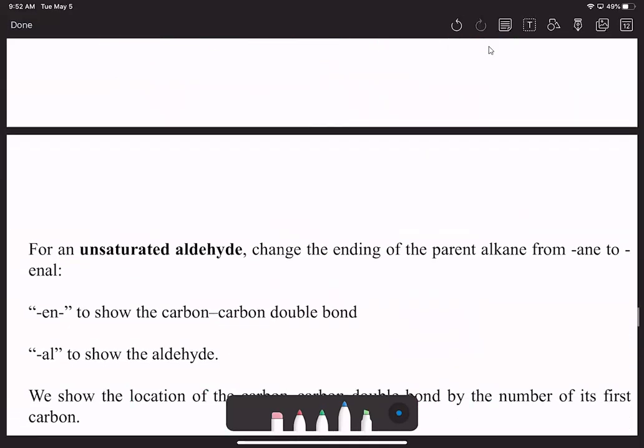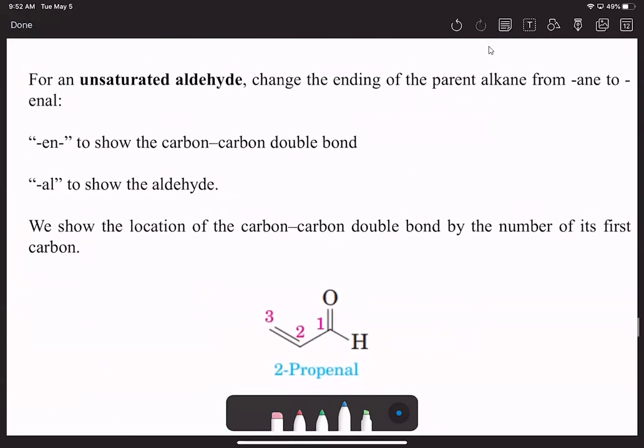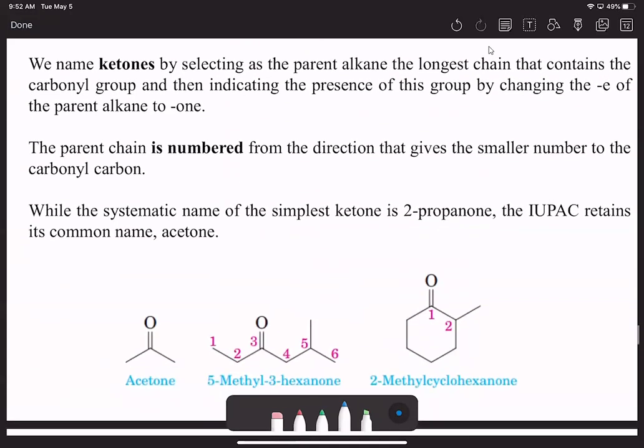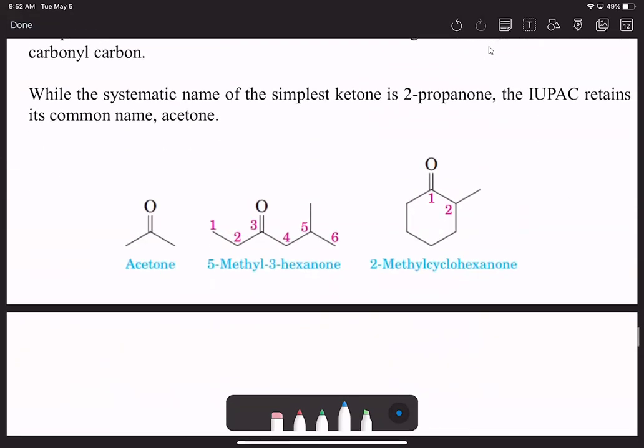So that brings us over to ketones. Well, we do have to identify where the ketone is at. Just like we identified where the alcohol group was at, we identify where the ketone is at. So in this particular example, we notice that it's on carbon number 3.